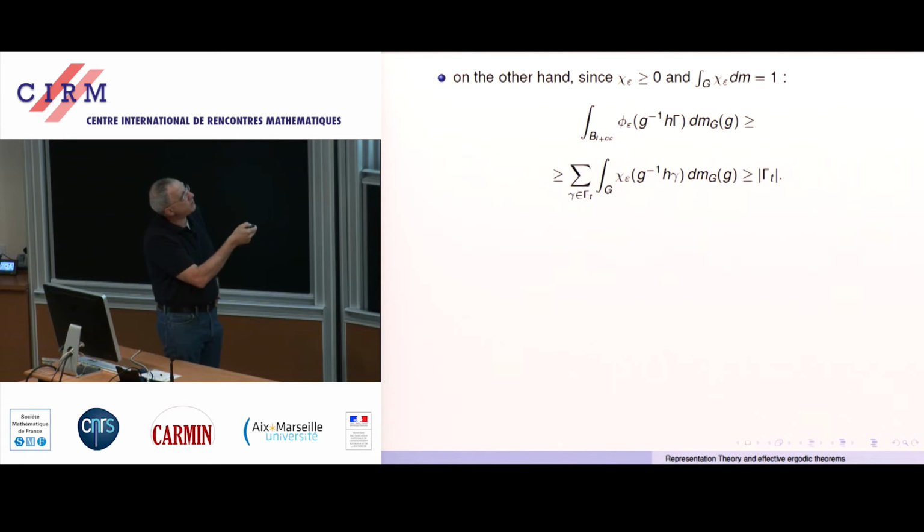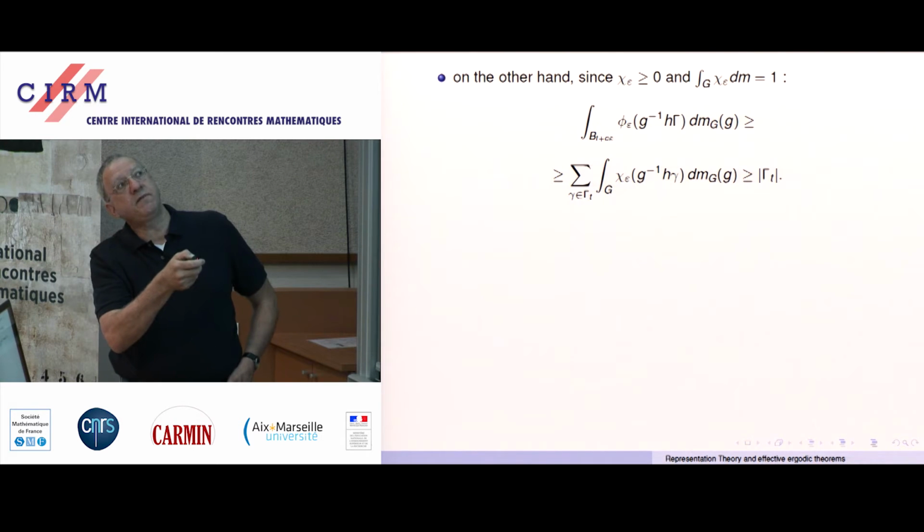Remember that phi epsilon is the sum over all of gamma, so we can certainly take the sum over a subset of gamma. And now suppose that this integral is in fact 1. Then what we have here is the number of points in gamma t.